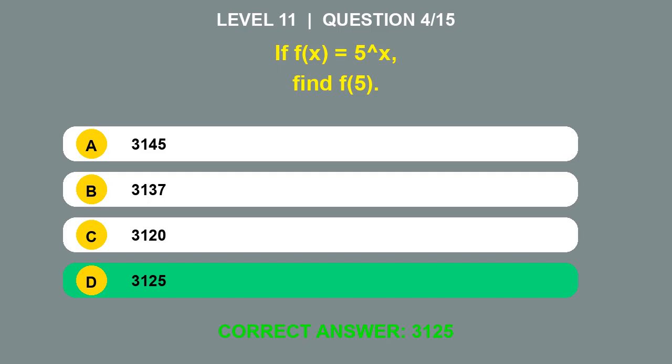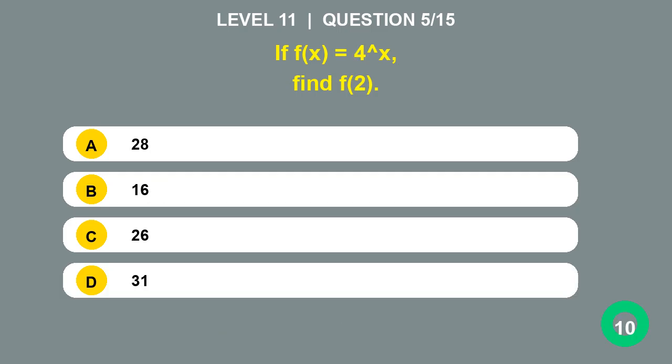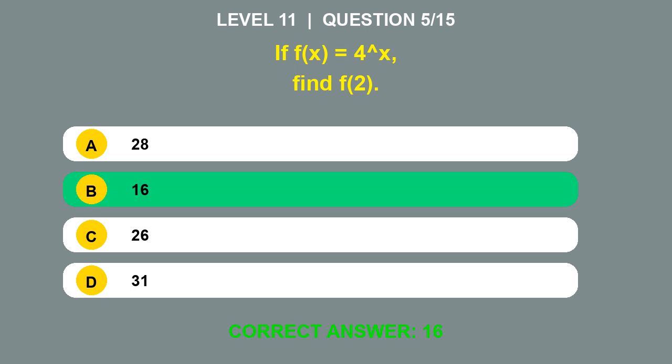Answer is 3125. If f(x) equals 4 to the power of x, find f(2). Answer is 16.